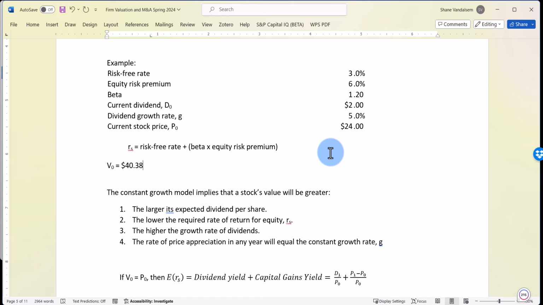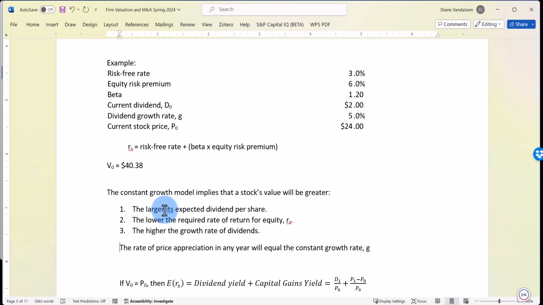So the higher that D sub 0 or D sub 1, the lower the required rate of return for equity, the higher the growth rate of dividends. Those are the three items, and I apologize, those are the implications. The last item I have in here: the rate of price appreciation in any year will equal the constant growth rate g if the company is a constant growth company.